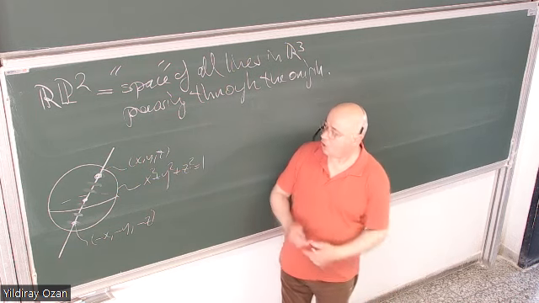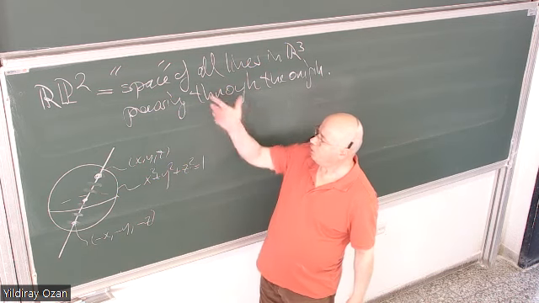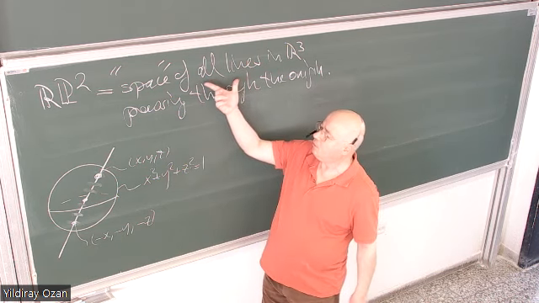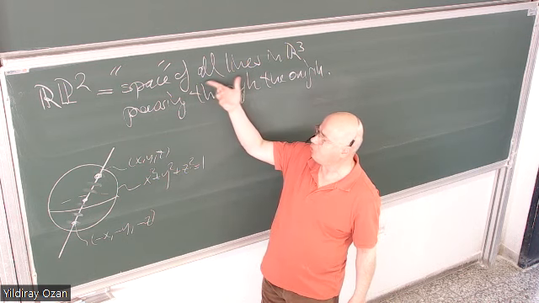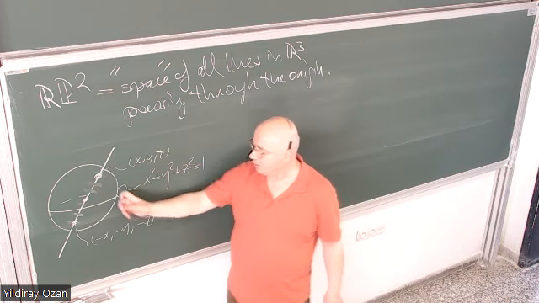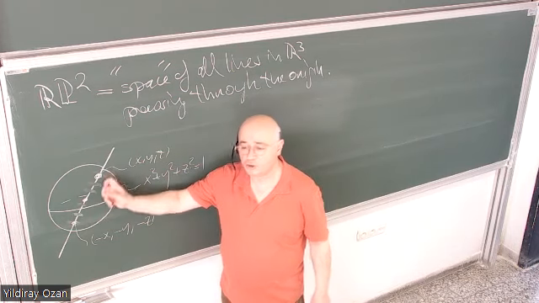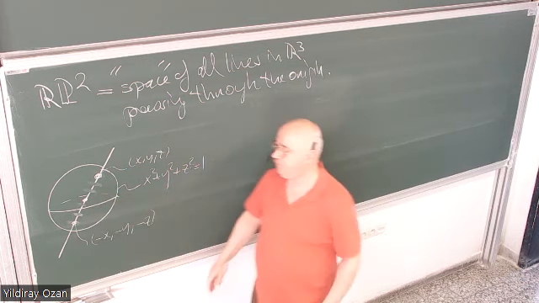Okay? So what can I do? Instead of looking at the space of all lines, I can just consider the pairs of antipodal points on the unit sphere.